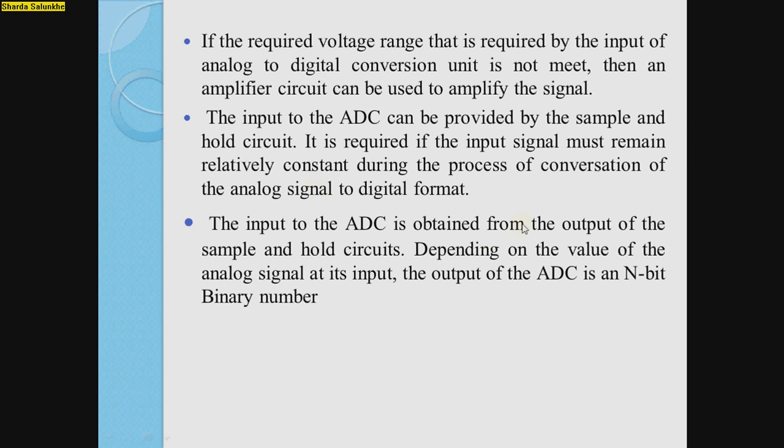The input to the ADC is obtained from the output of the sample and hold circuit, depending on the value of the analog signal, and the output of the ADC is an n-bit binary number, and after the ADC you will get the digital output.